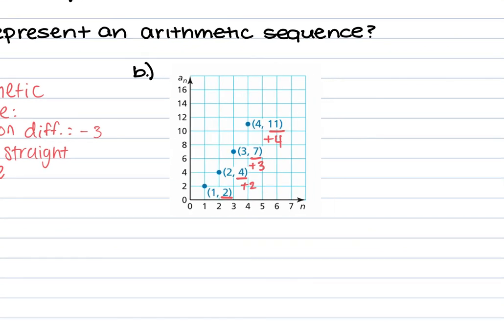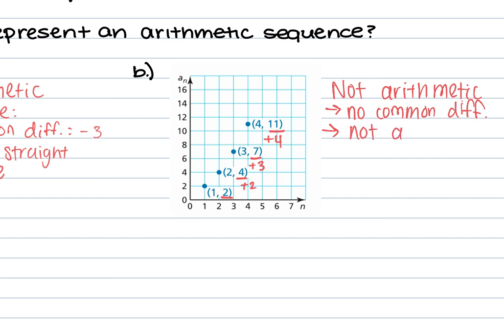No. So we write not arithmetic, and our reasoning is because no common difference. Or what else could we put? Not a straight line. We don't draw the line either.